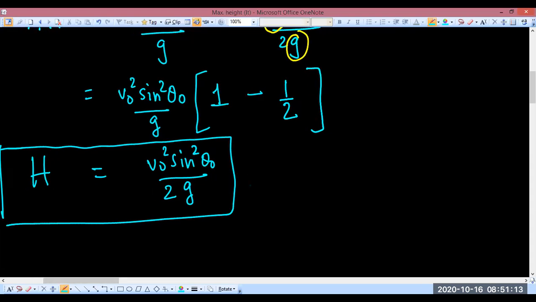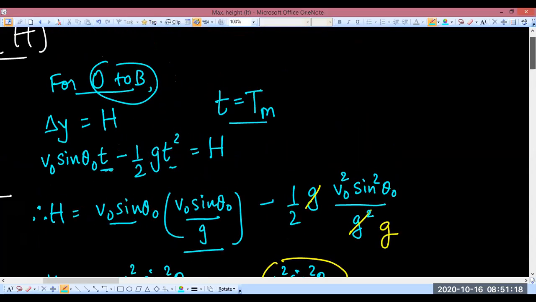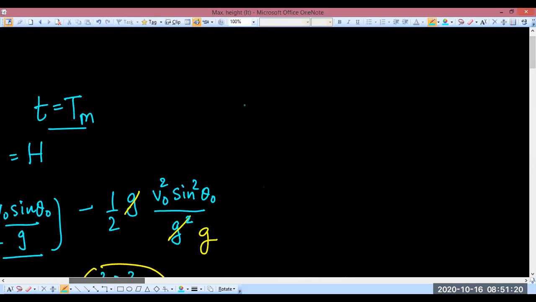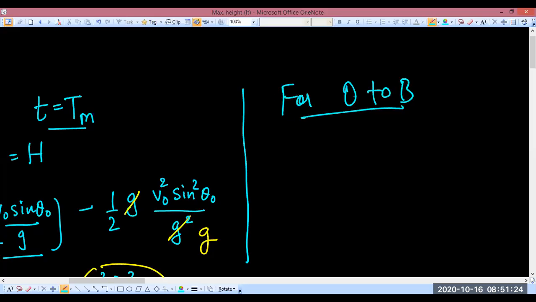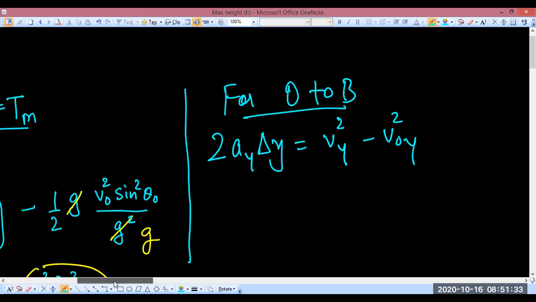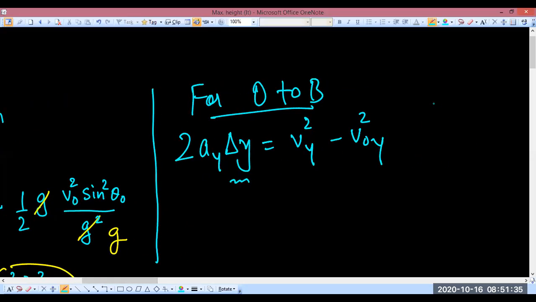Okay. Now see, this is fairly complicated in my opinion. It becomes much easier with another method. Have a look at this. For O to B, if we use the third equation of kinematics. You all know this, right? For the y-axis, okay? We are only interested in delta y, not in delta x. So we have used the third equation for y.